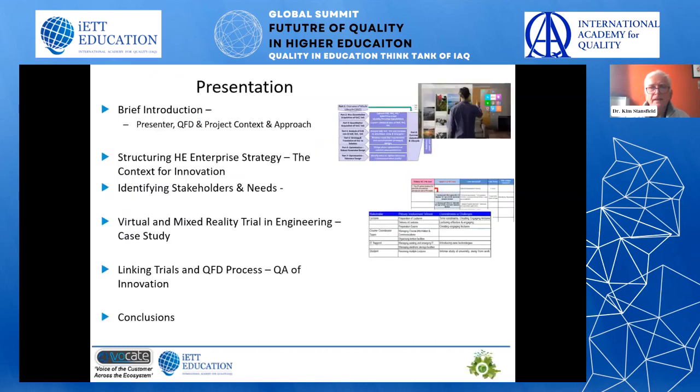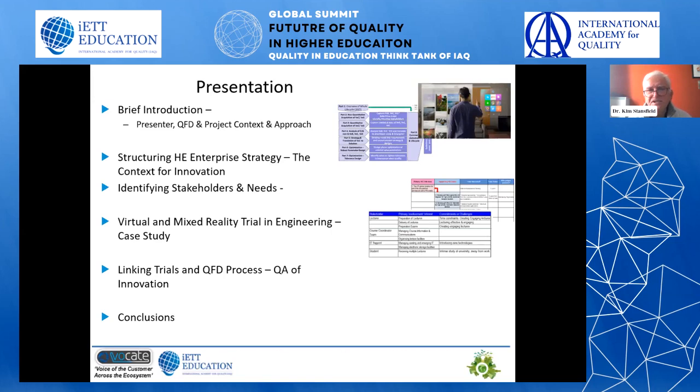focus today. So as I say, I'm going to talk very, very briefly about QFD, give some context for a project I'm going to talk about, whilst I was working at Warwick University, working on virtual reality, mixed reality, and its application to apprentice degree programs, sponsored part-time apprentice degree programs.